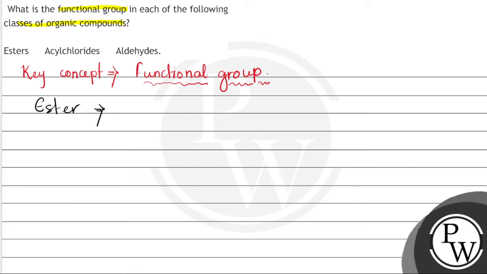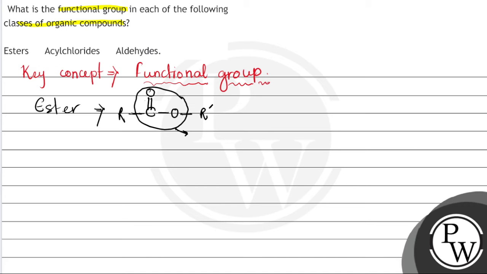In ester molecule we can see any hydrocarbon, for example R, is attached to a carbon that is double bonded to an oxygen atom, and it is also bonded to an oxygen singly bonded, and that oxygen is again attached to a hydrocarbon, and these two hydrocarbons may be same or may be different.